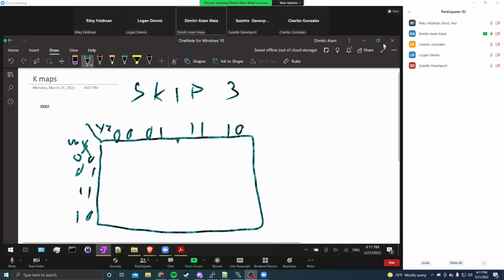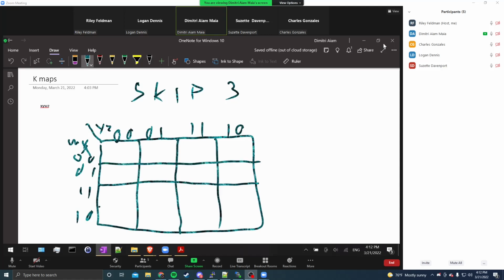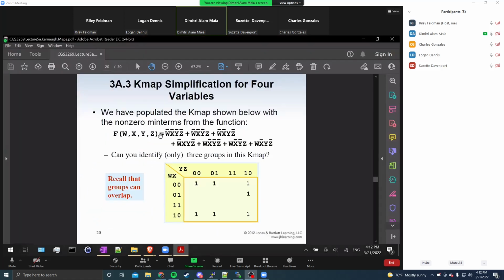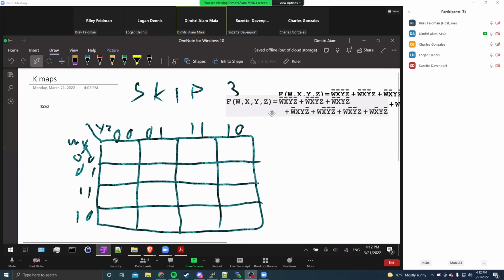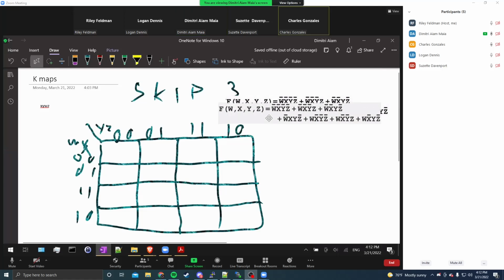So after you do this, you have to have the formula. You need to simplify. Let me copy this, probably going to be easier. This is the formula we want to simplify.